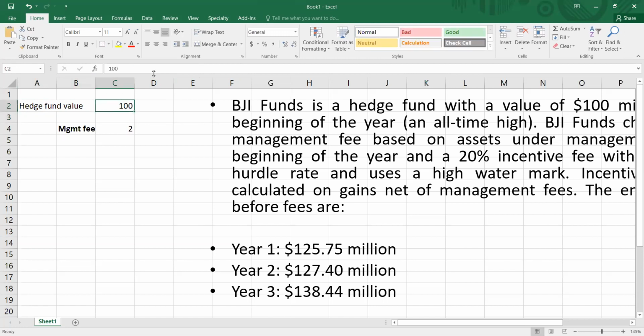If I dollarize it, the management fee will be equal to $2 million.